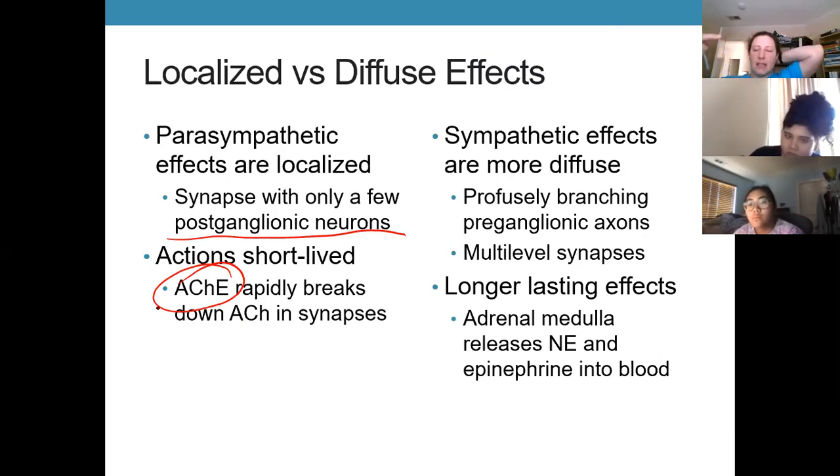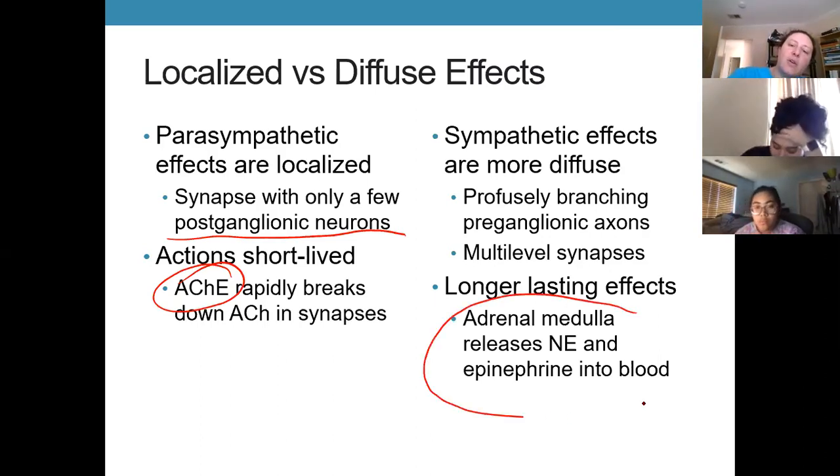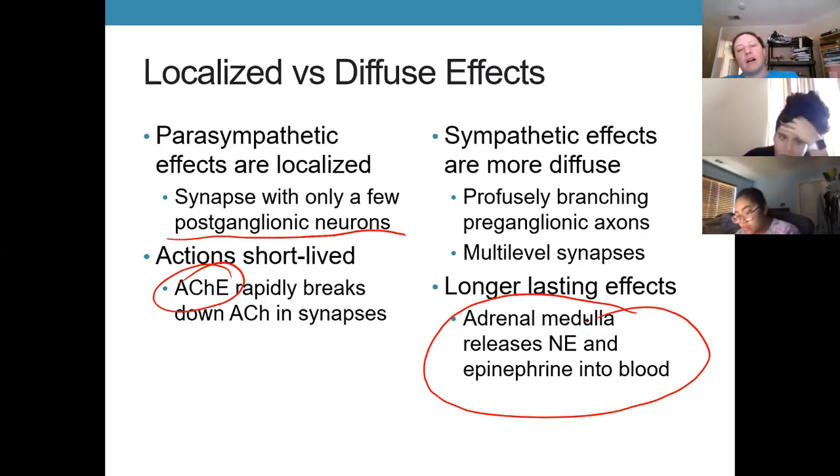In comparison, sympathetic effects tend to be more diffuse because the preganglionic axons branch a lot and therefore they have a lot of synapses. So one preganglionic sympathetic neuron firing is going to have a more broad effect. And the other thing is that their effects last longer because we're typically having a simultaneous hormonal release of norepinephrine and epinephrine into the blood.